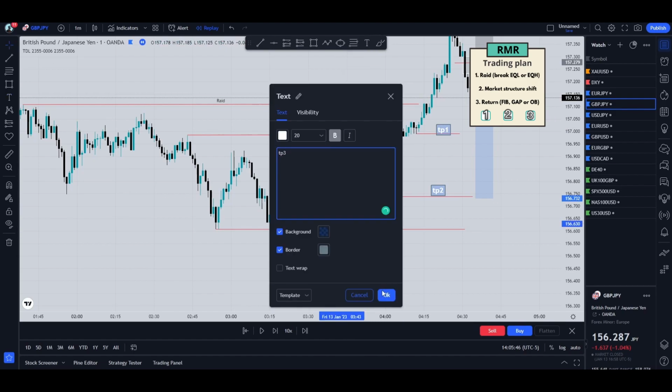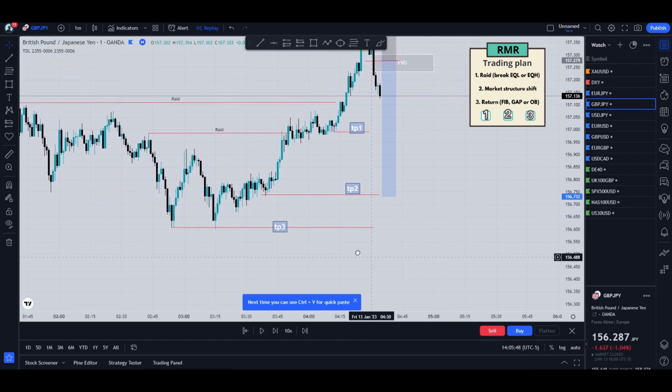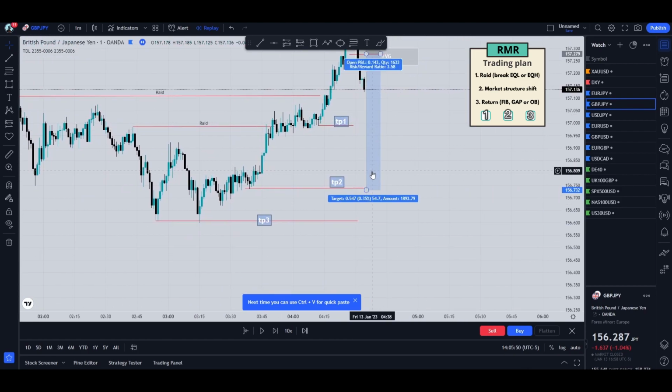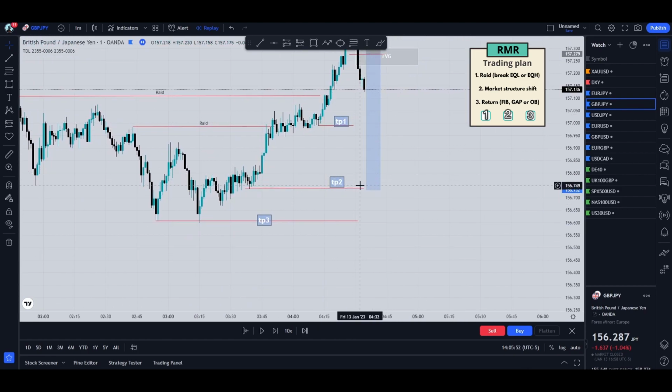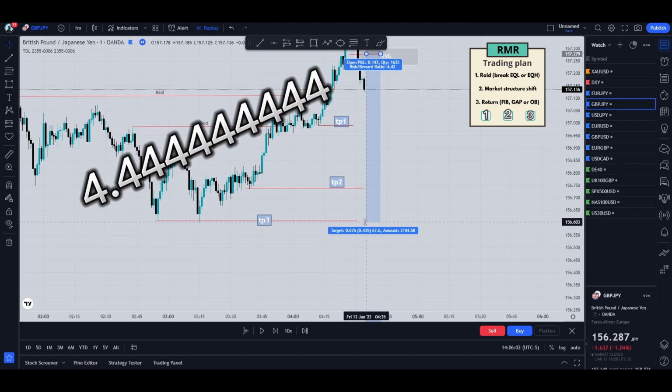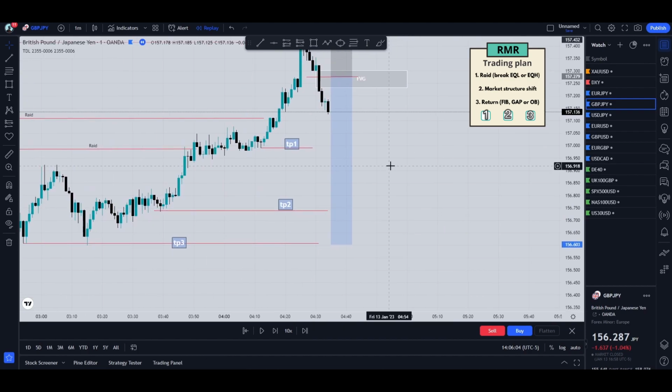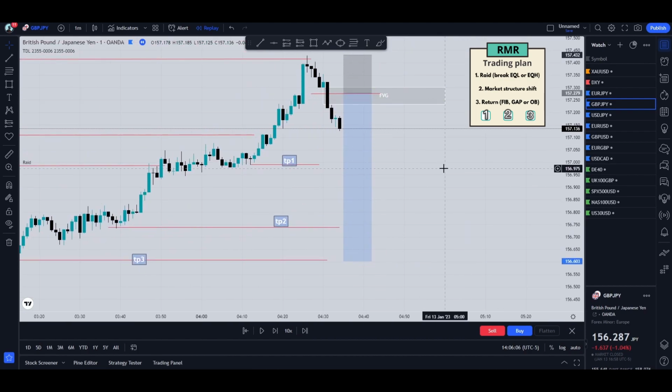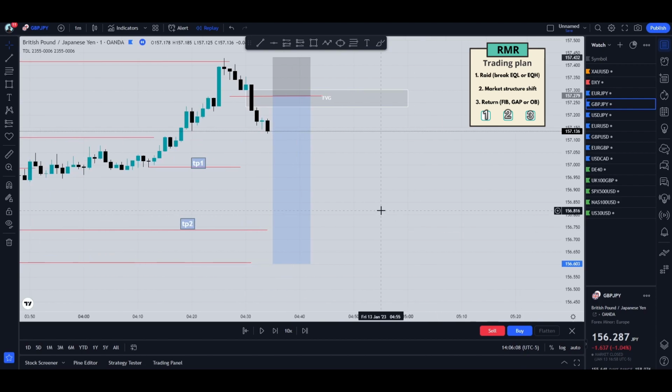Take profit 3, which is our last take profit, and on this we get a 3.58 return on the TP2, and on the last one here we get a 4.42. Let's see if we get up to the fair value gap and then go down.